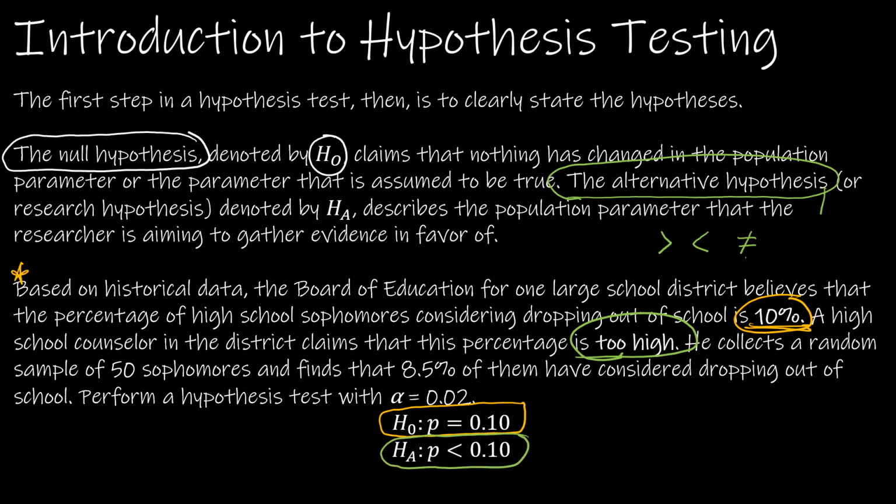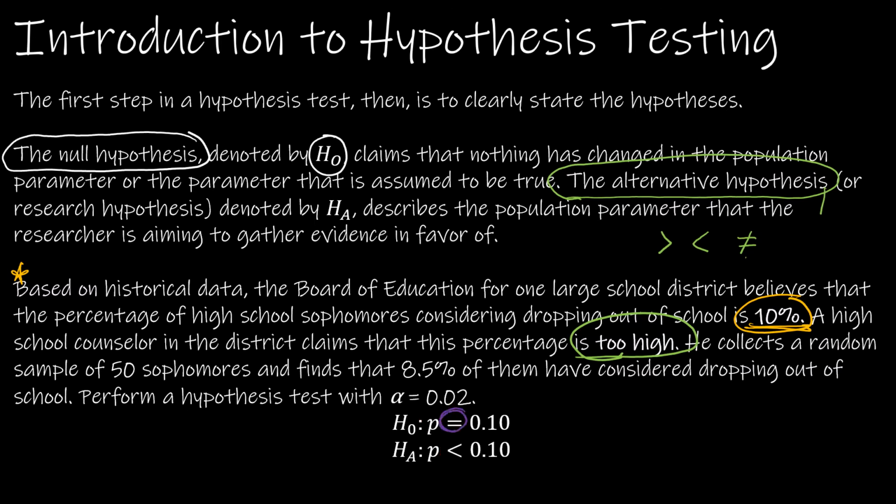Before we continue, I want to just talk about the parts of the hypotheses, just so we're clear. H sub 0 and H sub A signify which is the null and which is the alternative, and we always write the null first. The next thing will be either P for a proportions question or mu for a means question.